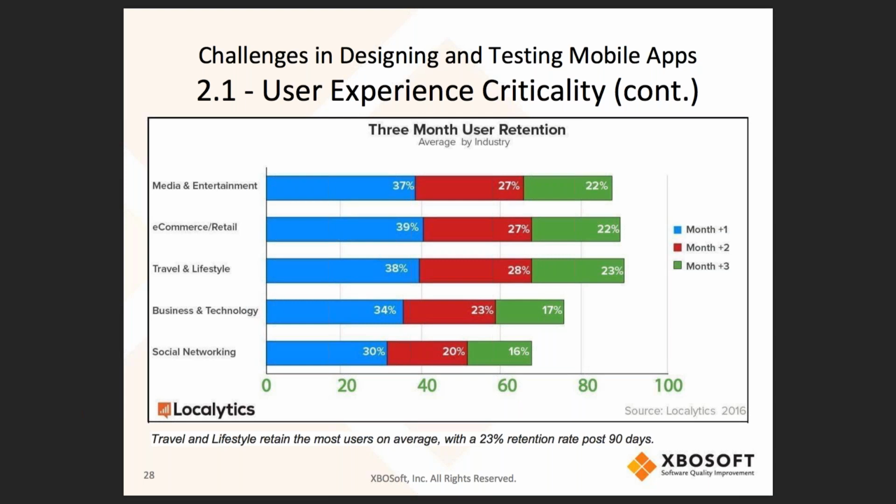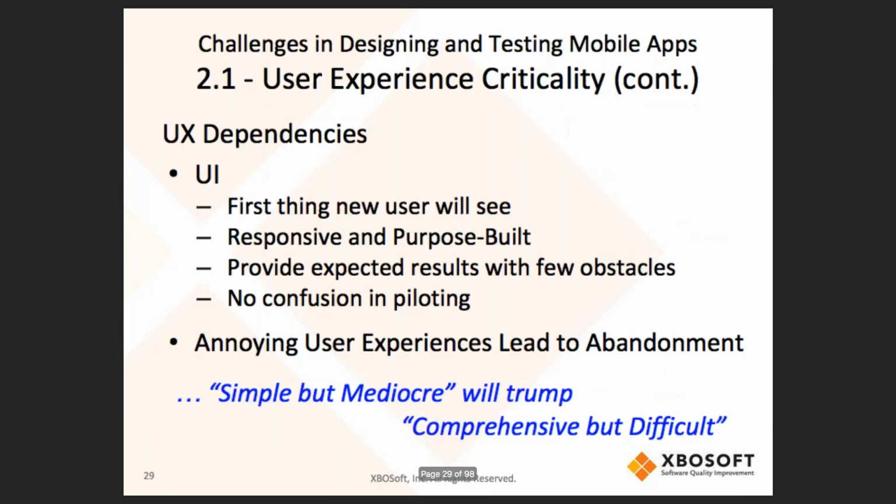The great takeaway from this is that none of these particular application categories would exceed 25% after 3 months. So people get into these apps and they just bail if it's a bad user experience.